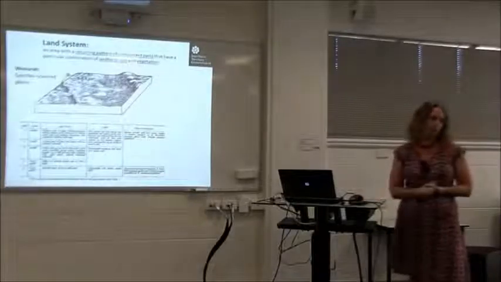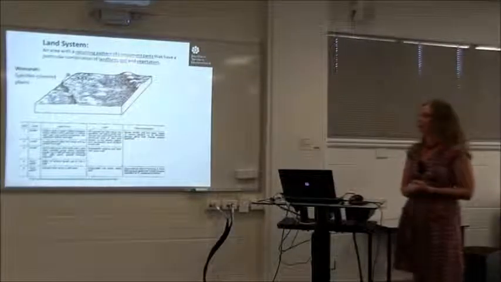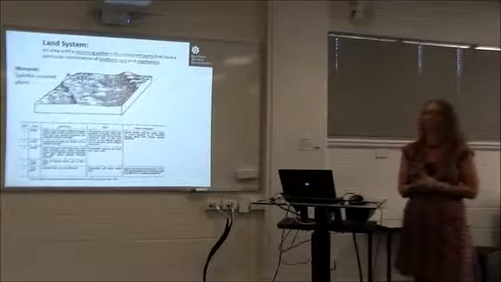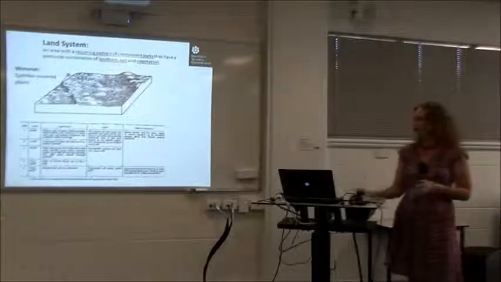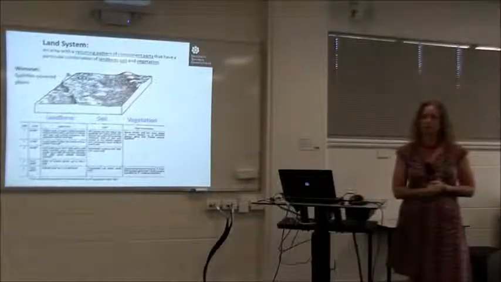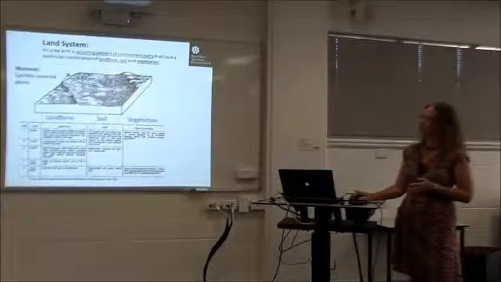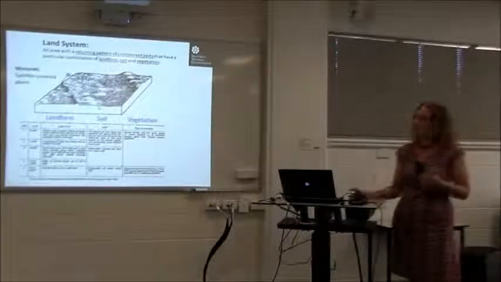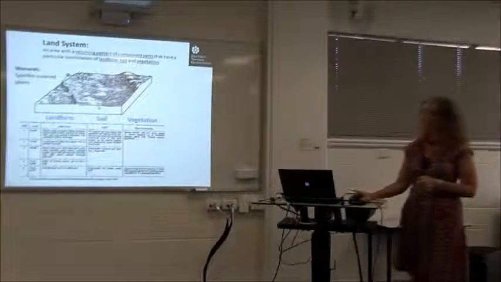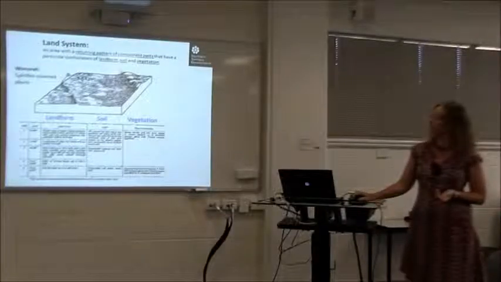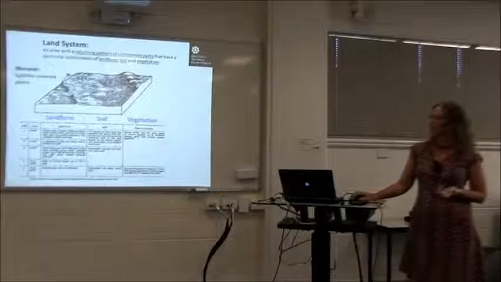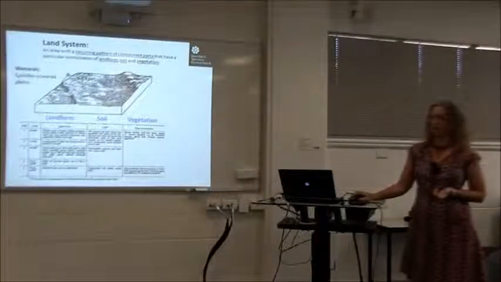So to describe what a land system is, it's a recurring pattern of component parts that have certain landform, soil and vegetation characteristics. I don't want you to read that bottom bit there, but this diagram is an indication of what the Woonora land system is. It's a spinifex covered plain, but it also has some hilly parts and some different types of plains in there.